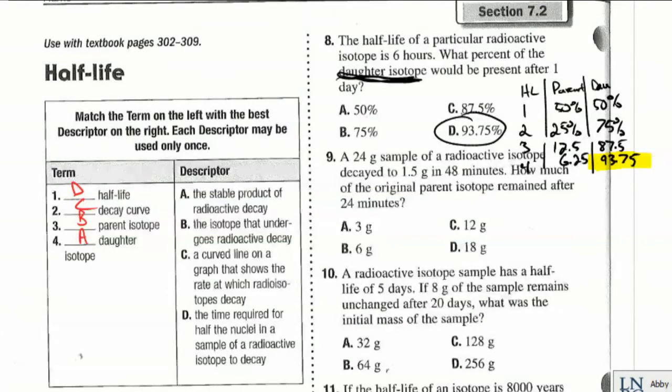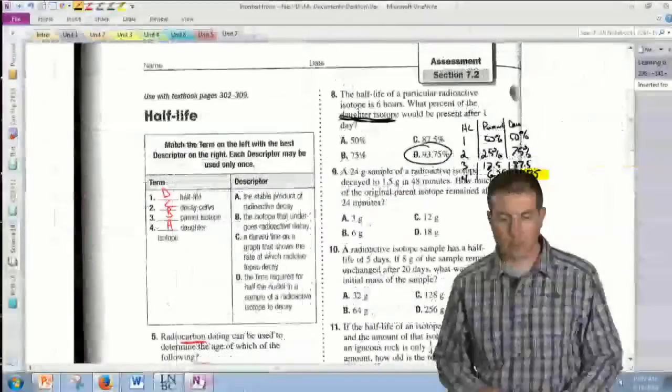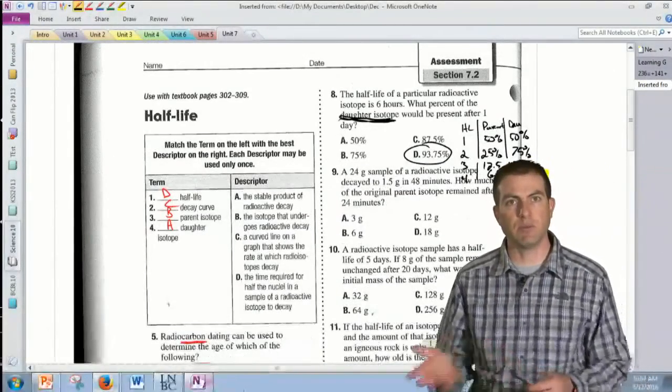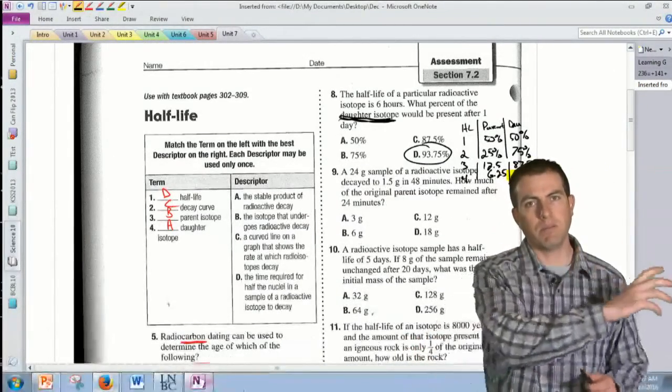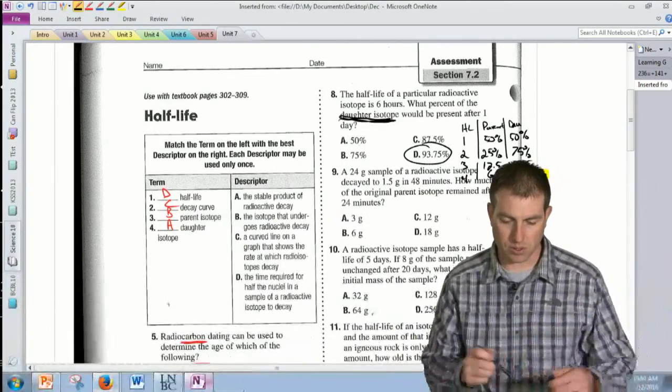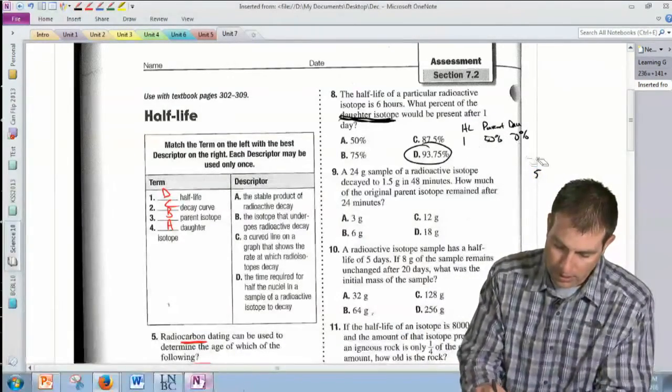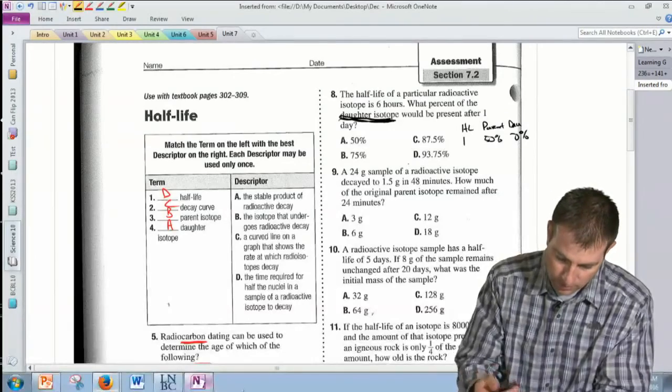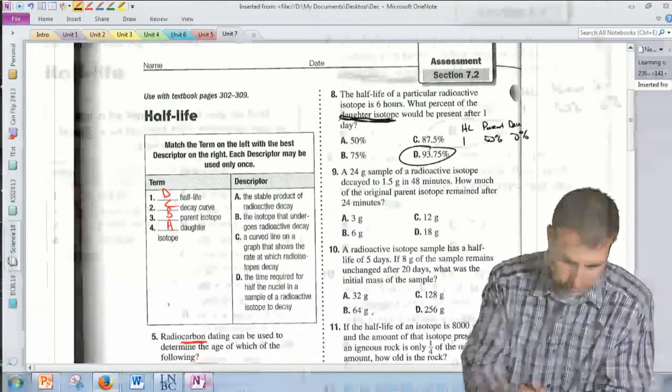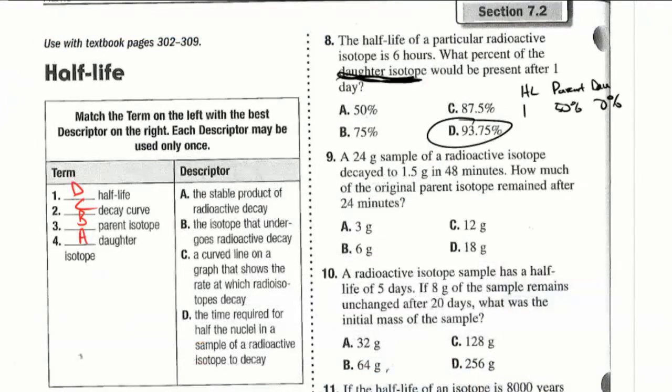So these ones are kind of working backwards. They've given you some information, and it says, hey, but back a while ago something happened. So help me out with that. So 24 grams decayed to 1.5 grams in 48 minutes. So we have half-life.